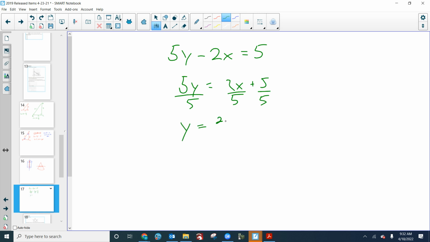Y equals 2/5 x plus 1. You could plug in an x and get out a y. What would be a good x to plug in?